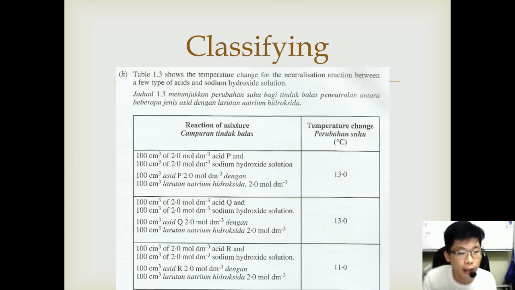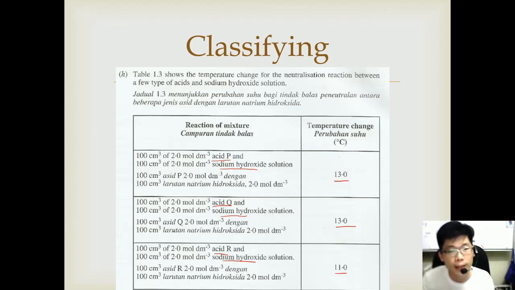We have acid P with sodium hydroxide: temperature change is 13. Acid Q with sodium hydroxide: temperature change also is 13. Acid R with sodium hydroxide: the temperature change is 11. All the volume and concentration of the acid are the same.